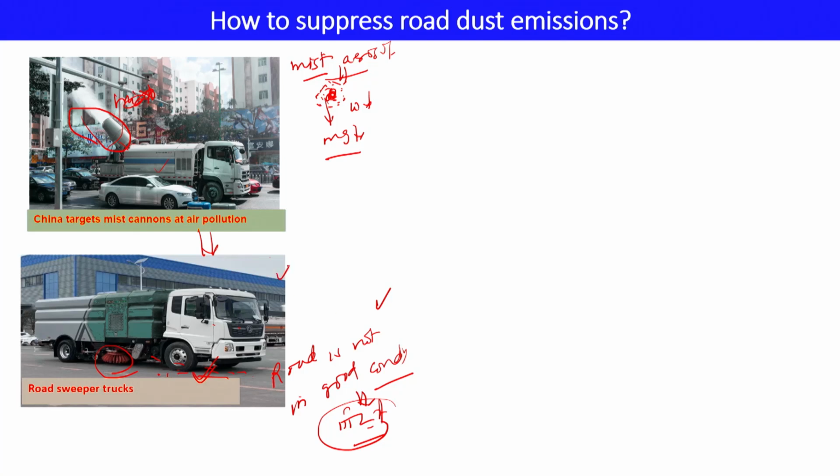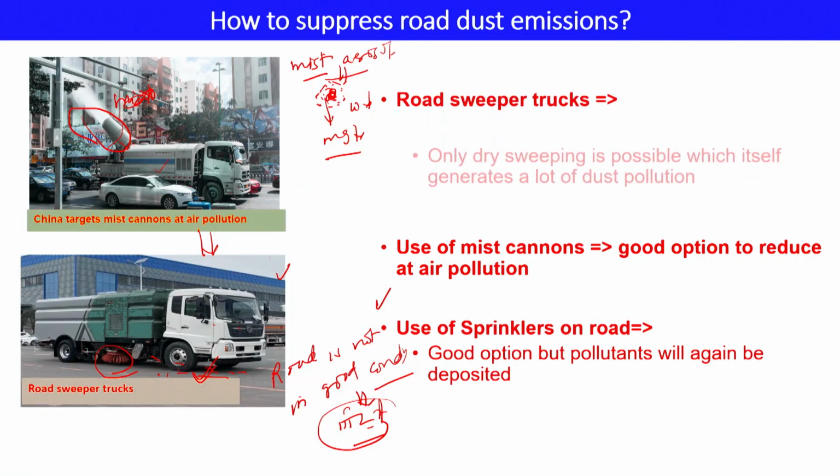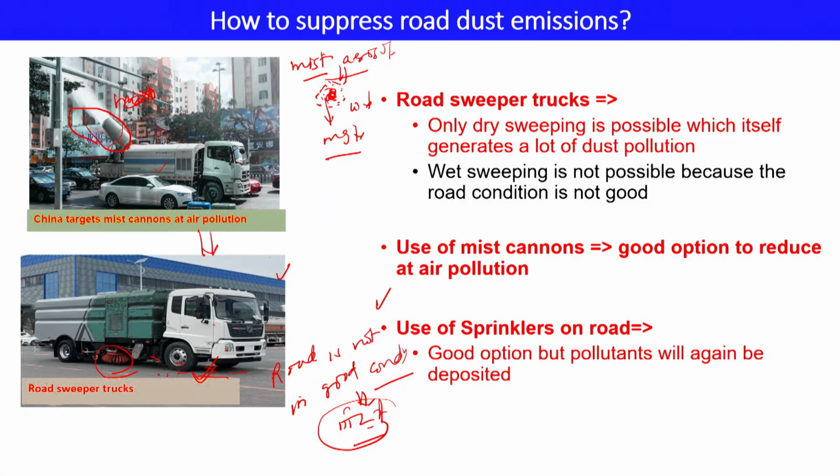I took these examples from China, where I was a visiting scientist, and I saw things they were doing very frequently, especially during high air pollution events in the city. They usually use mist cannons and road sweeping very frequently. This is the way they control the emissions, and we need to develop similar strategies.